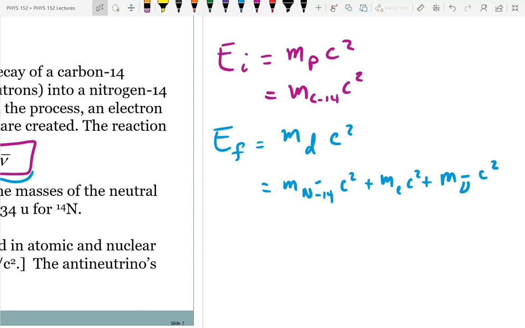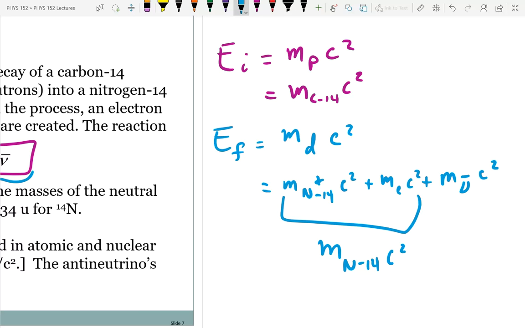So there I put the 3 things. I have a nitrogen plus and I have an electron. The nitrogen plus is missing an electron. So if I combine these two together, that's just the mass of a nitrogen-14 times speed of light squared.